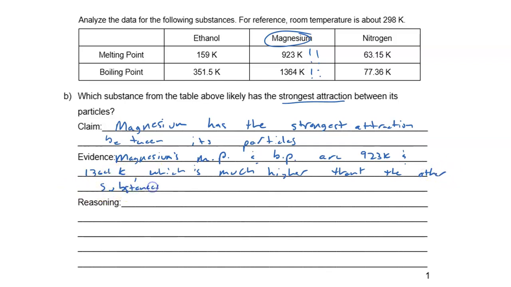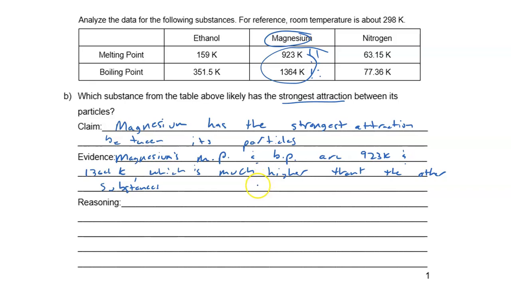Okay, so what I did is I actually pulled data out of the table and related that data. I put the numbers in there and related it to the others. Okay, so we don't need to get super long-winded there.